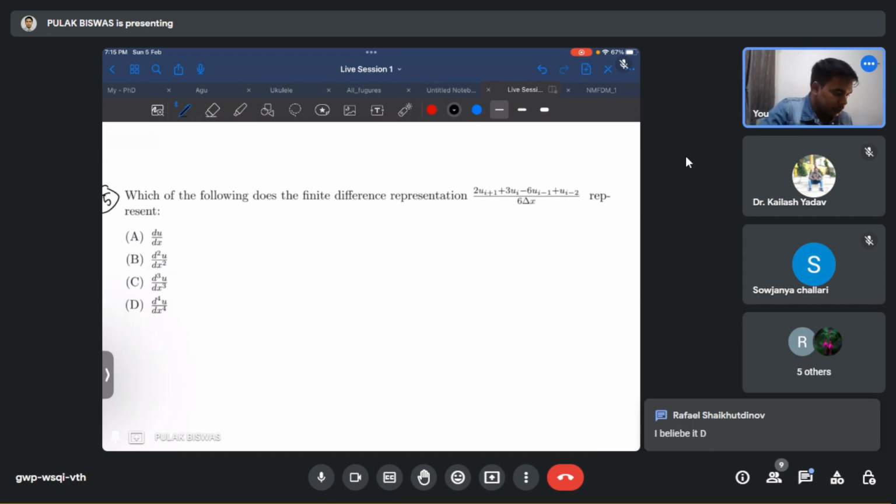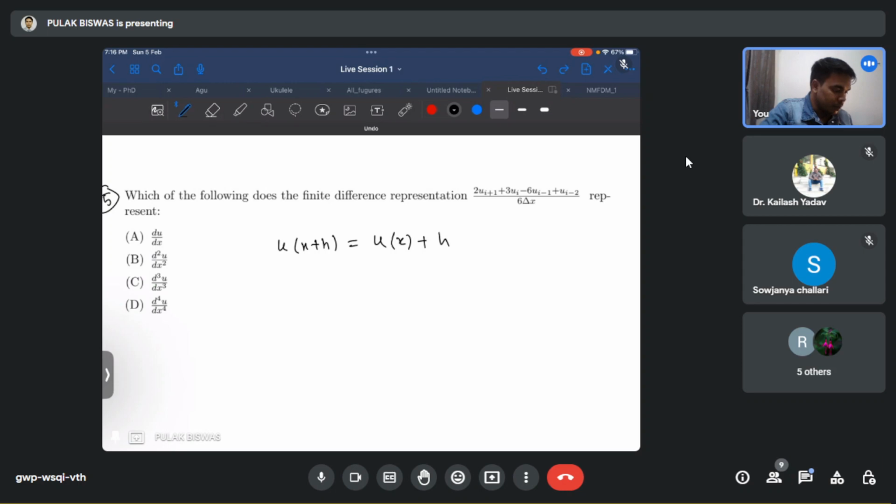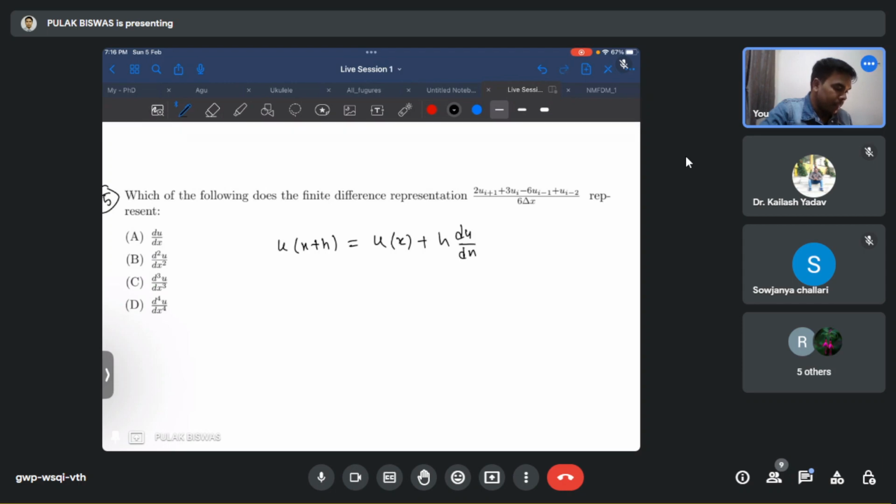Like in Taylor series, what it says: u at x plus h equals u at x plus h du dx plus h square by 2 d2u dx2, like this.